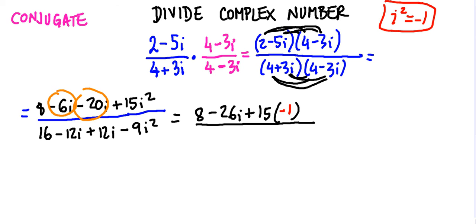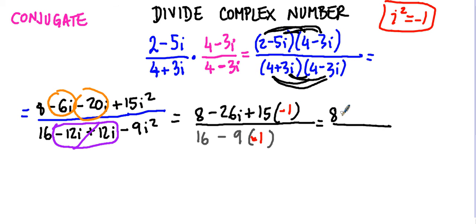So let's plug that in. In the bottom we have 16, then we have negative 12i plus 12i, which cancels out, that's 0. So 16 minus 9i squared, again i squared equals negative 1. Let's go and simplify this.